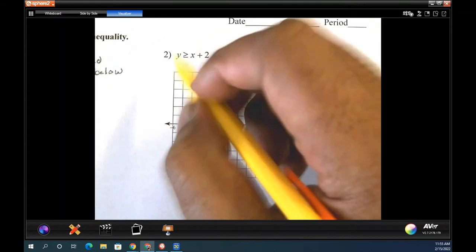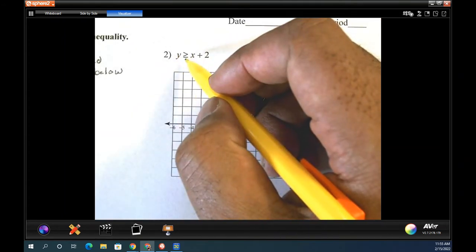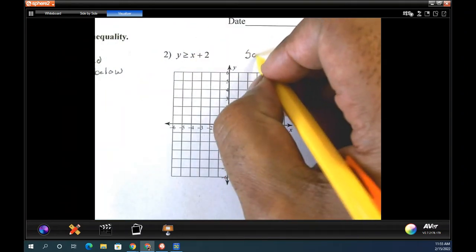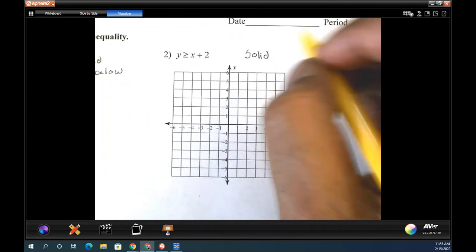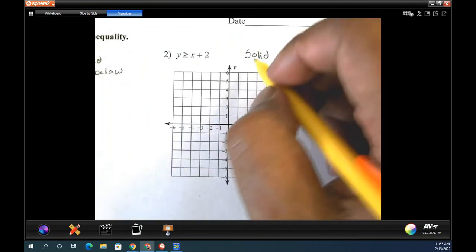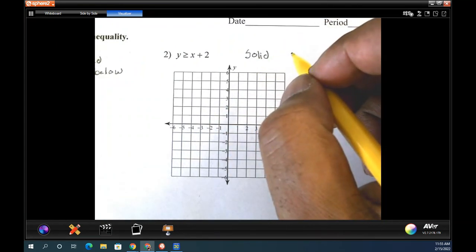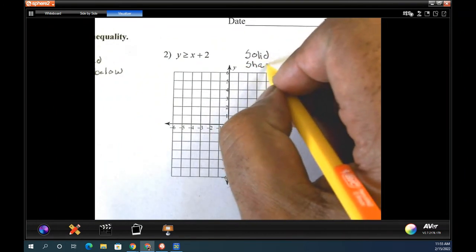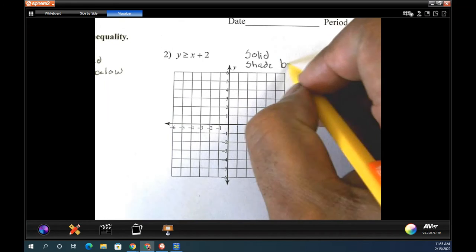It's going to be what, Gabriella? Solid. If it's equal to, it's solid. Where are we shading, Blanca? Below. Yeah, below. So we would shade below.